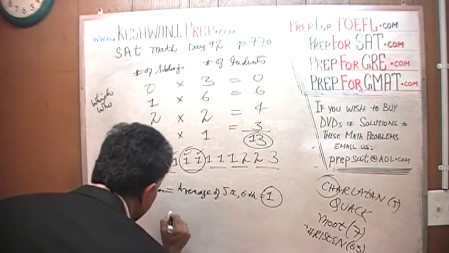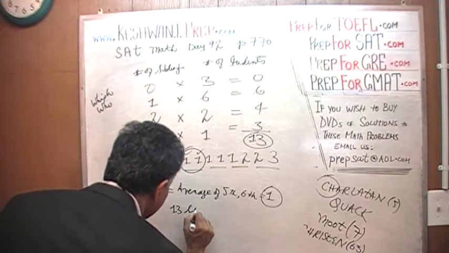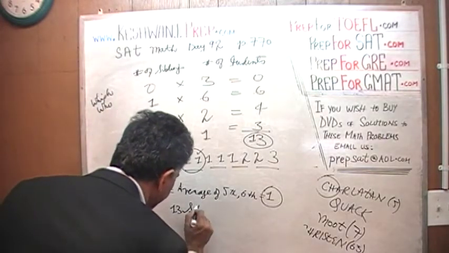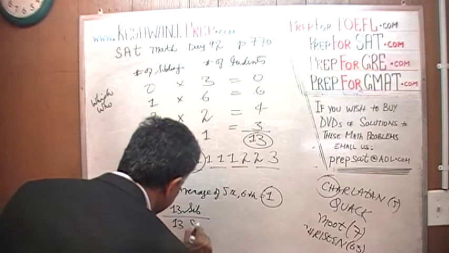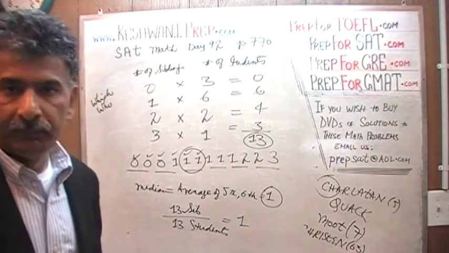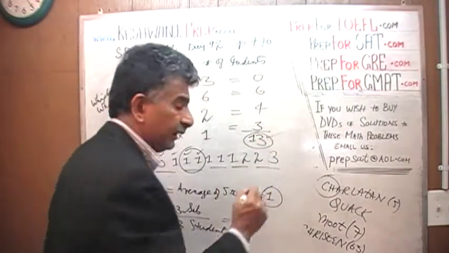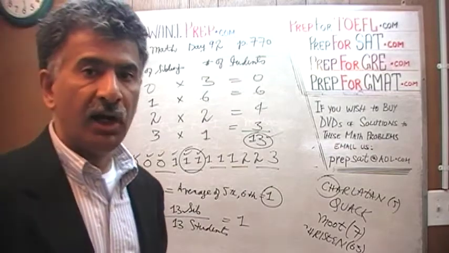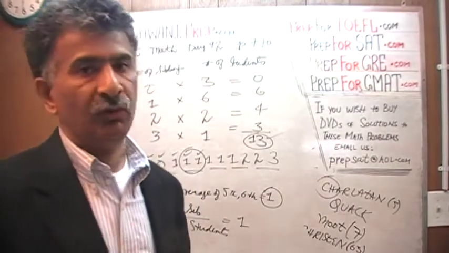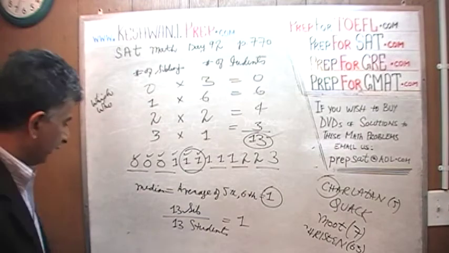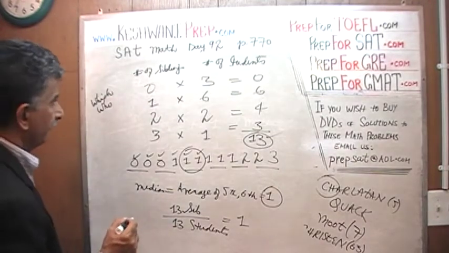If there are 13 children, then 13 siblings divided by 13 students will give us the average of 1. But there are 13 siblings already before the new kid joins. That tells us that the new child who joined the class has no siblings. The answer is A.